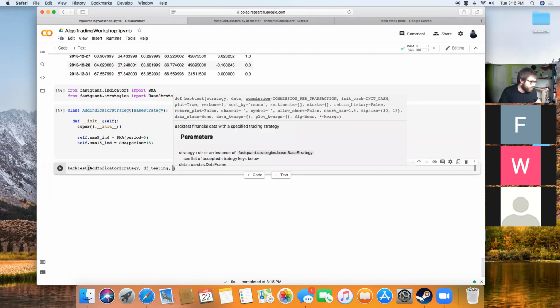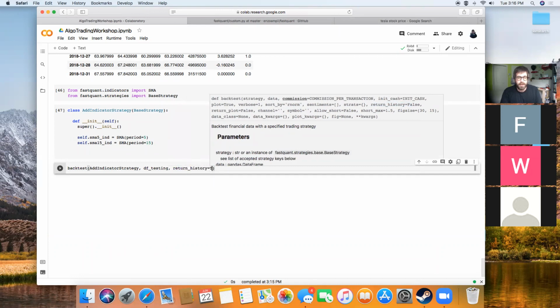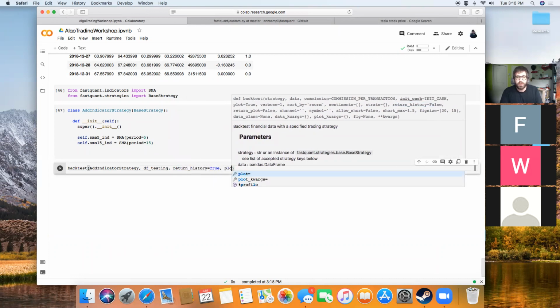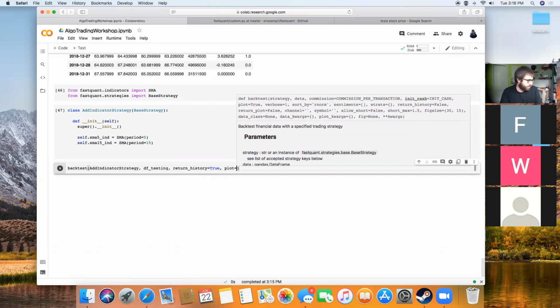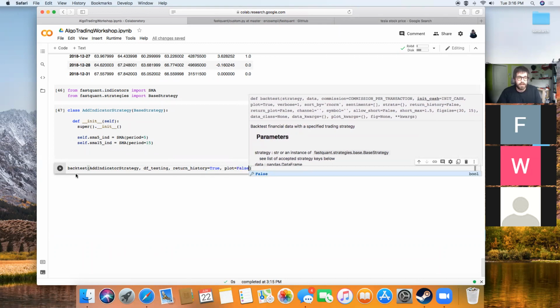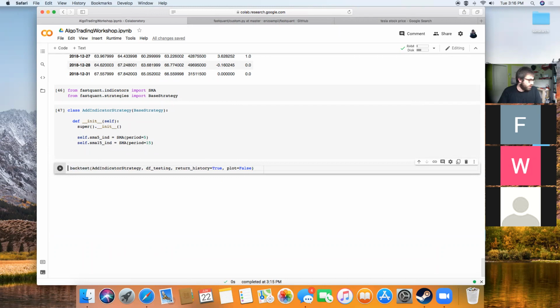As one of the parameters, we can pass return history. Here it is. So I will make return history true, and for the plotting, I will make it false, because I don't want it to plot. What this will return is two things, the result and the history, in a tuple, so I can get them like this.